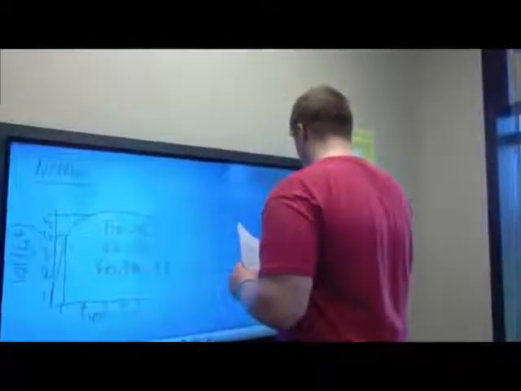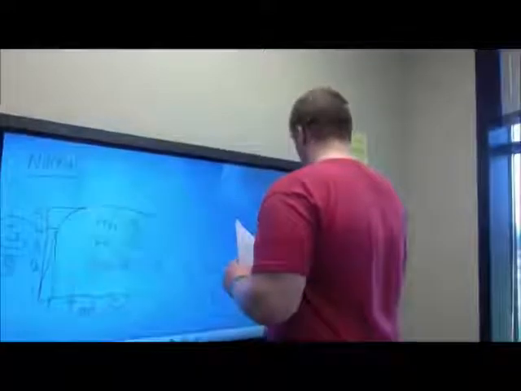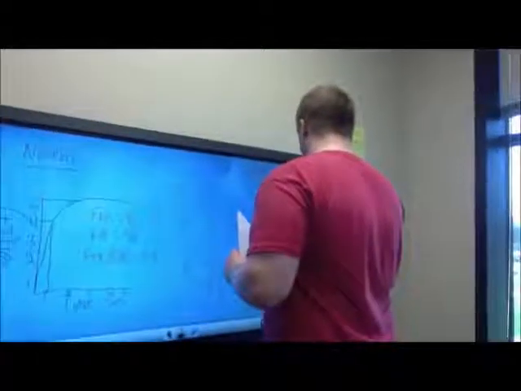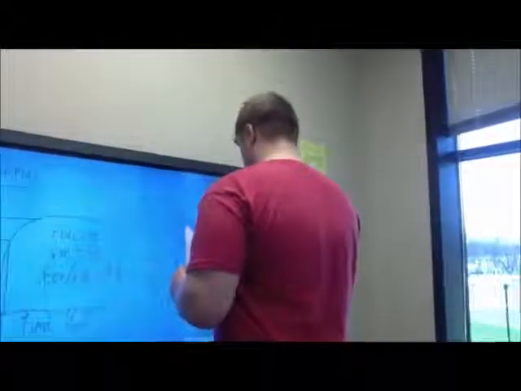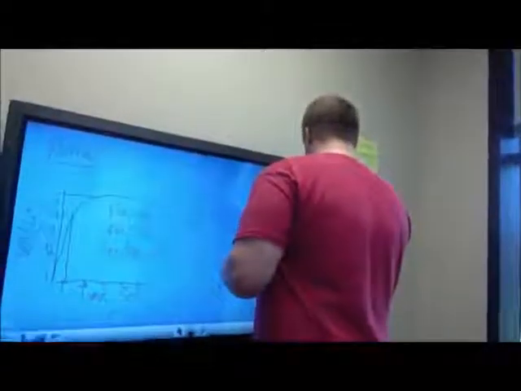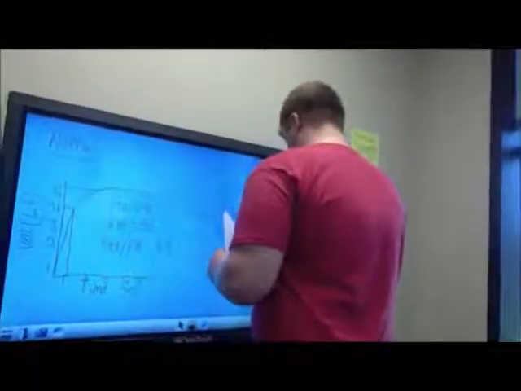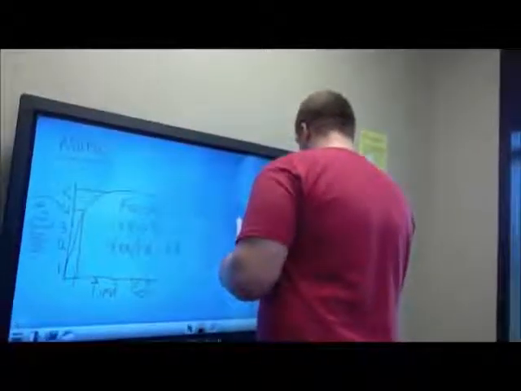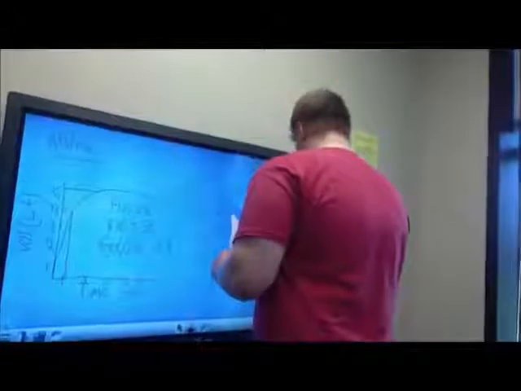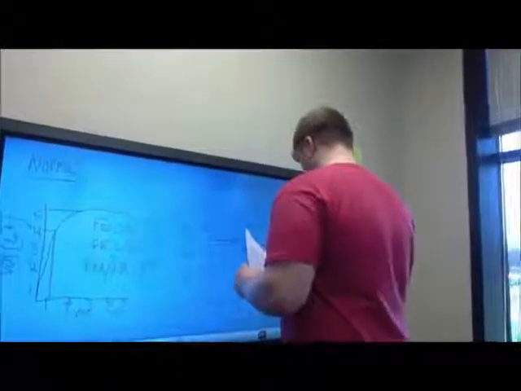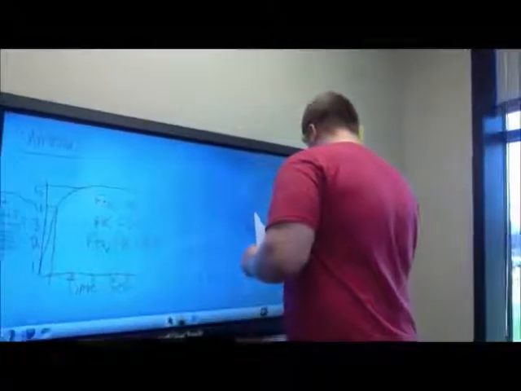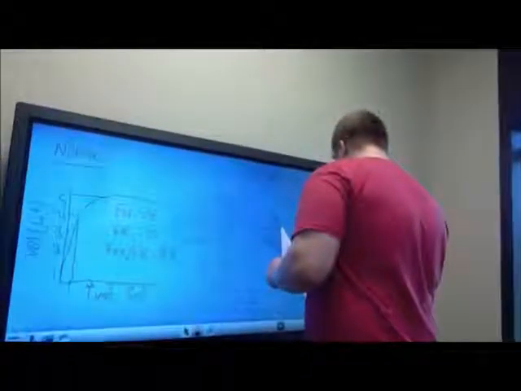So again, FEV1 equal to about 1.8 liters. FVC equal to 3.2 liters. The ratio will be equivalent to 0.56.